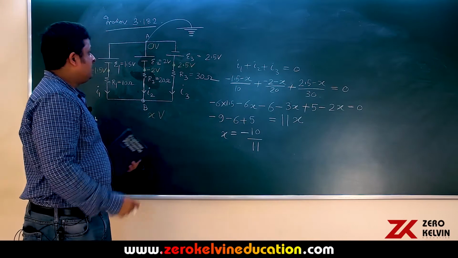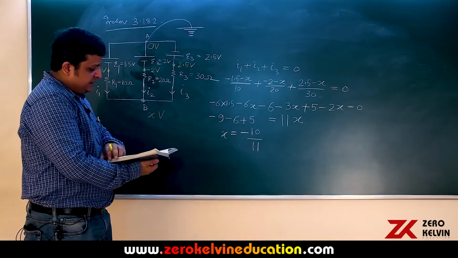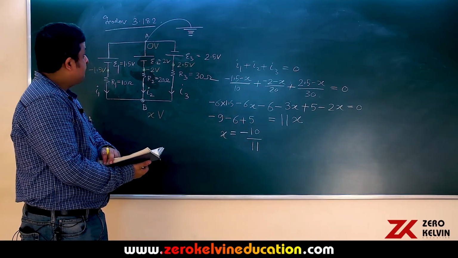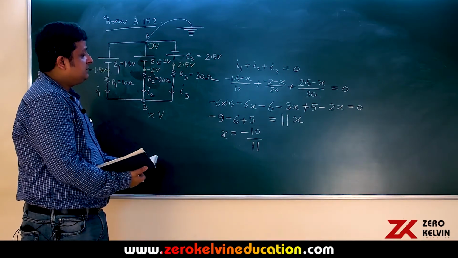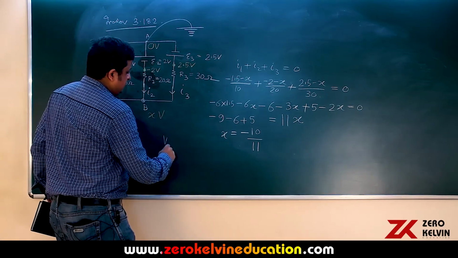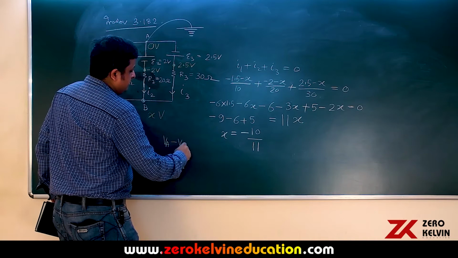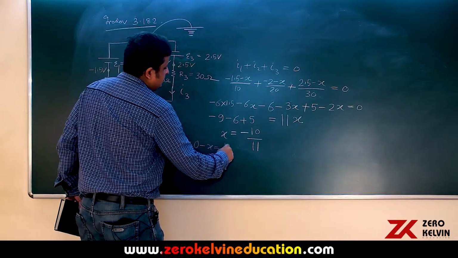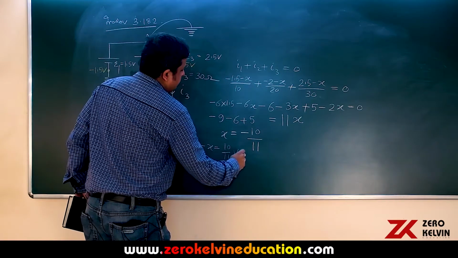We have to find VA minus VB. VA minus VB comes out to be 0 minus x, so 10 by 11 volt. That's asked in the second part of the problem.